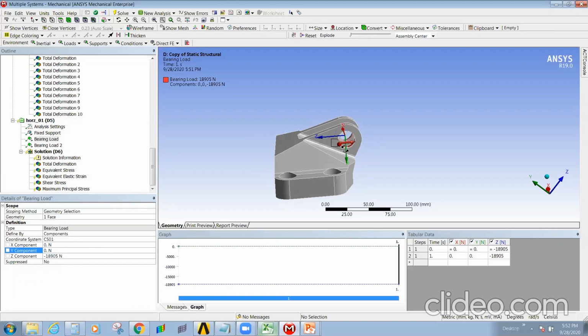Now your load is applied in the opposite direction. Similarly, this value will be 0 and I'll be applying it for the z direction.